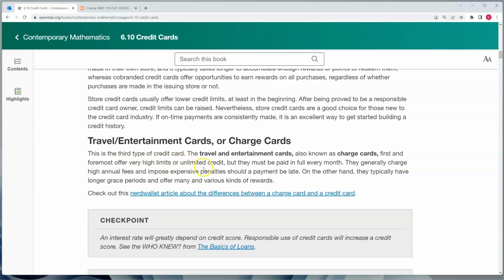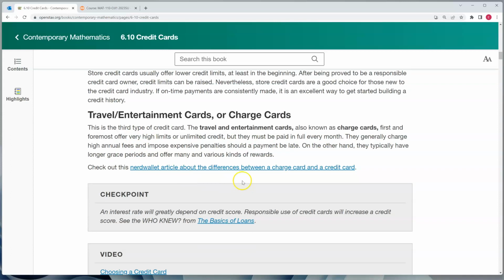They usually have very high limits or an unlimited credit, which is kind of crazy. But they have to be paid in full every month. And if you do not pay it off, not only is it charged interest, it's very high fees.